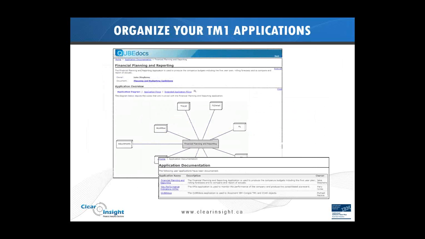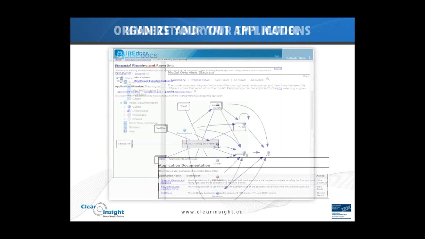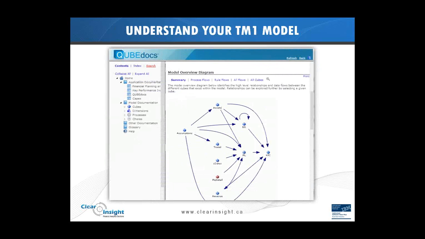Your individual applications in the organization, so it starts higher at the application level and will give you that highest level of the applications, and then go down from there into the specifics of the models. When you're looking at your model, this is just a quick little view showing the cubes in a model and how the cubes interrelate to each other.